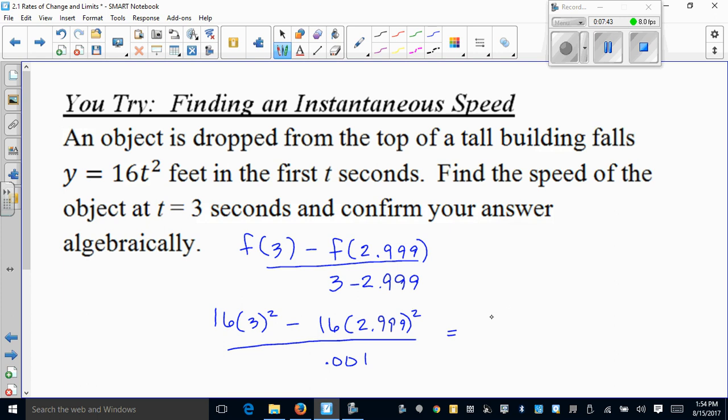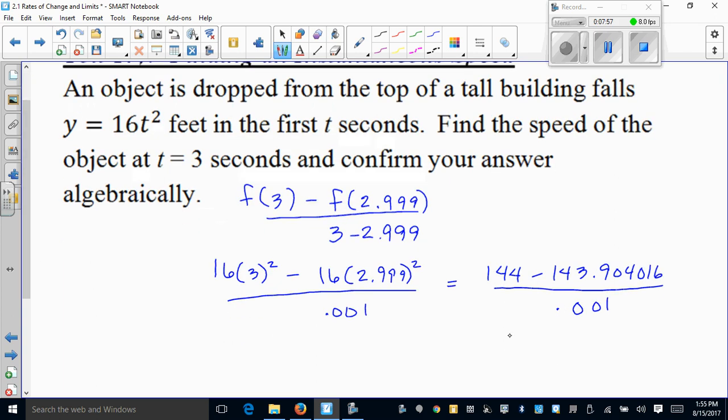Once we use the calculator, we get 144 minus 143.904016 all over 0.001. And you lovingly put that into a calculator, and you get 95.984 feet per second. Approximately 96 feet per second that this is falling.